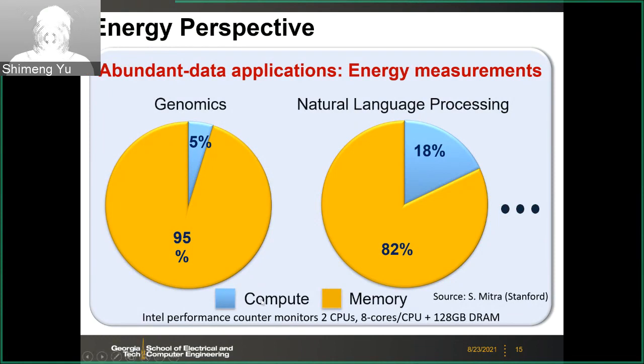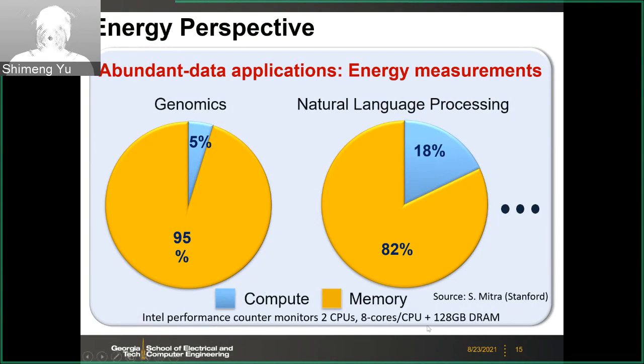It analyzes the energy spent on compute on your CPU cores versus the energy spent on DRAM memory access through the data bus, fetching the data from the DRAM.